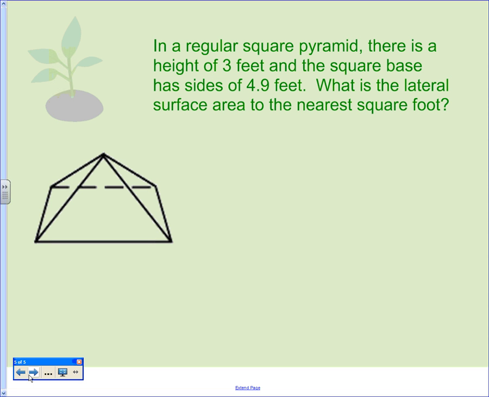Does it look like a square? But not really. It looks more like a rectangle, but they tell you it's a square. Okay? So look at what they tell you before you start assuming things about the picture.